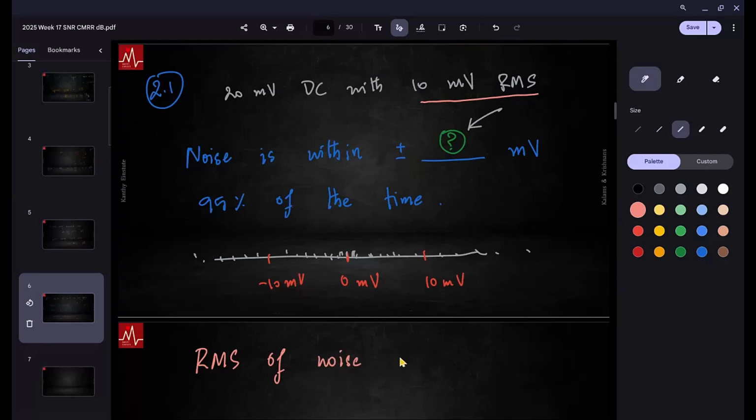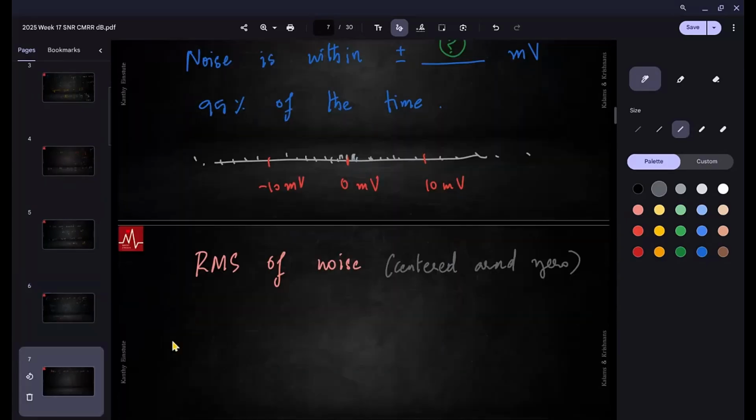This is centered around 0. And I'm assuming this is typical normal noise. There can be complicated noise, but normal noise centered around 0 corresponds to standard deviation.